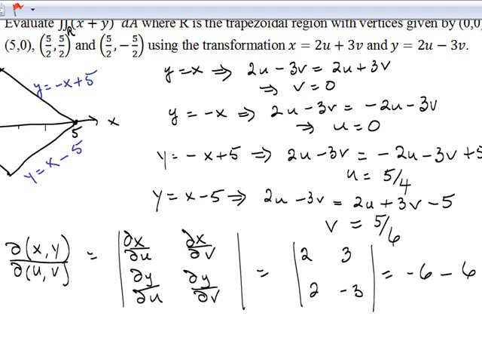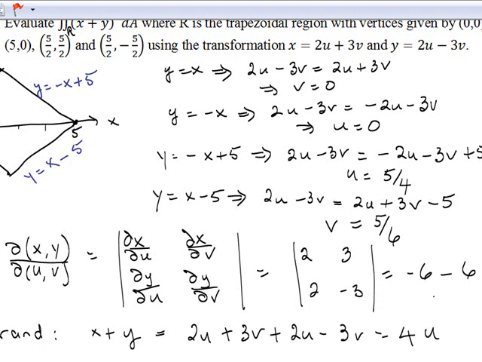We have our Jacobian. What is the next step? Transform the integrand. So the integrand is x plus y. Just substitute the x and the y's. That's 2u plus 3v plus 2u minus 3v, which is 4u.